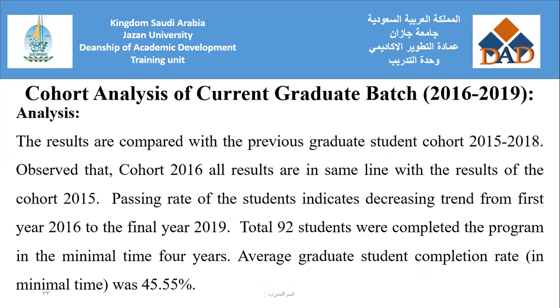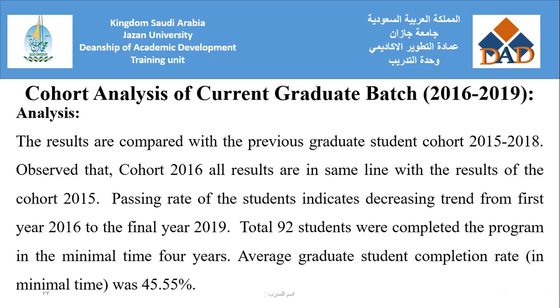The results compared with the previous graduated student cohort, 2015 to 2018, show that all the indicators are in line. The passing rate of the students indicates a decreasing trend from the first year, 2016, to the final year, 2019.